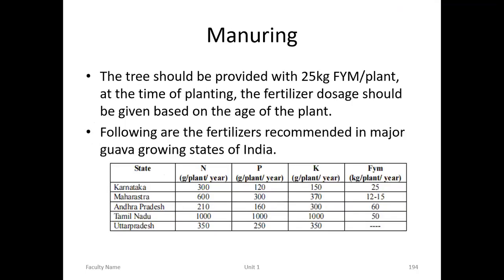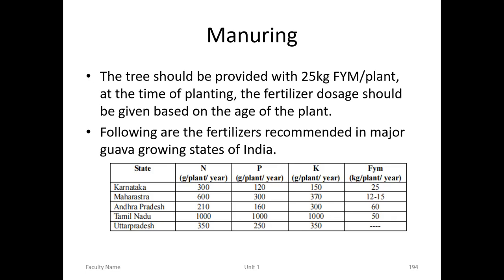Coming to manuring, trees should be provided with 25 kg of FYM per plant at the time of planting.